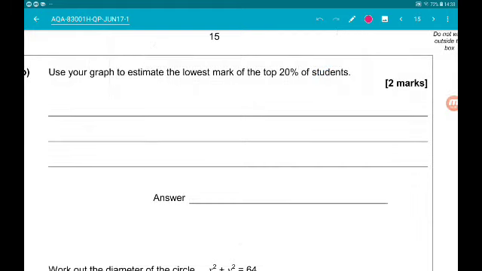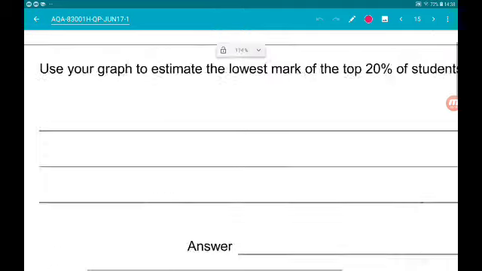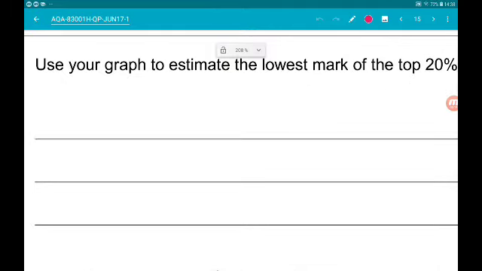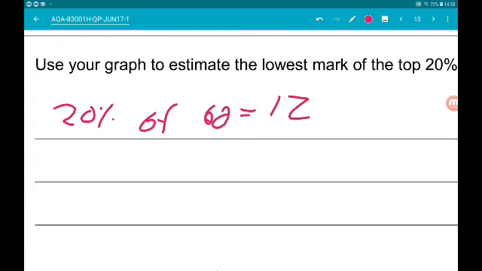Okay, now part B wants us to use our graph to estimate the lowest mark of the top 20% of students. So, we need to find 20% of 60 and go down by that amount from 60. So, 10% of 60 is 6, so 20% of 60 is 12. Now 60 minus 12 is 48.